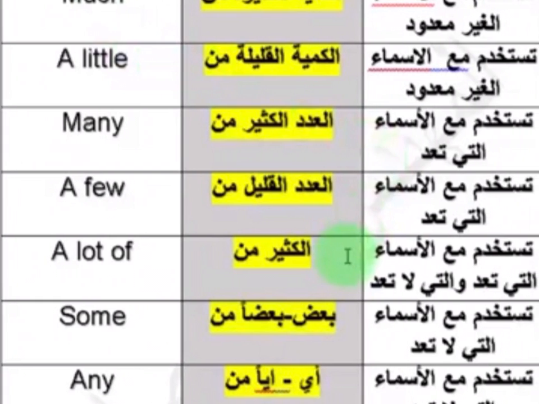And here I have a summary in Arabic to even better understand quantifiers. So we have, a little means كمية قليلة من, many means العدد الكثير من, a few means العدد القليل من, a lot of means كثير من, some means بعض, and any.